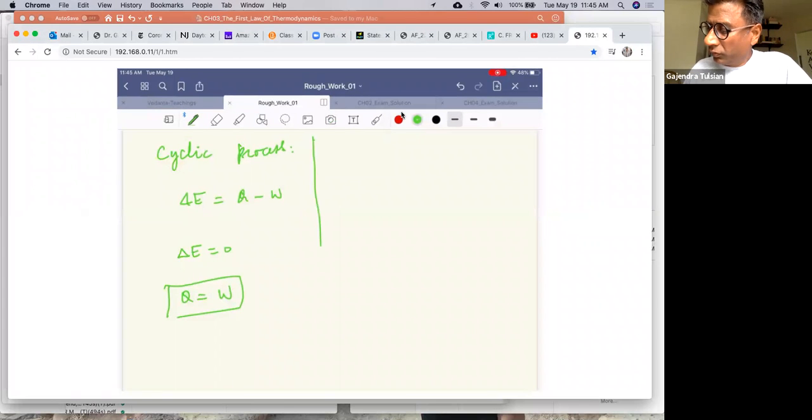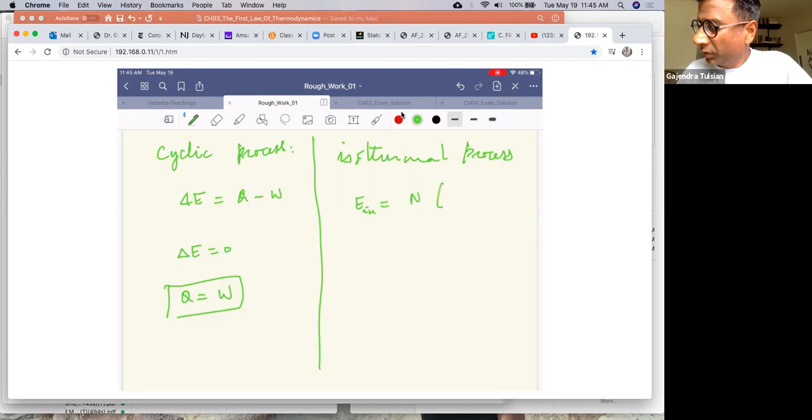So the internal energy is N, the number of gas molecules you have, times the average kinetic energy per molecule. This is for an ideal gas. But we saw from last chapter that the average kinetic energy is given by the temperature.